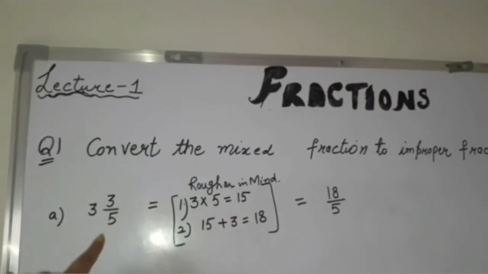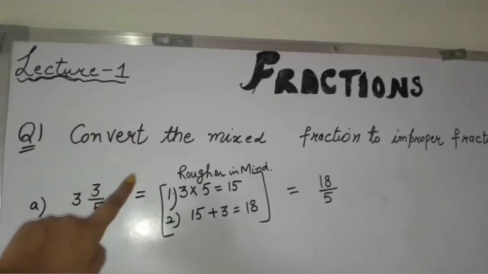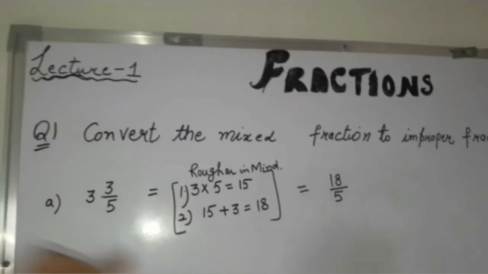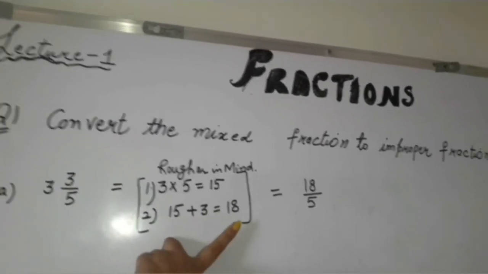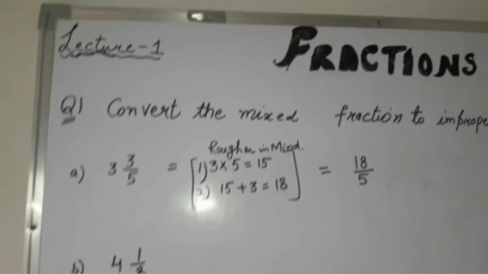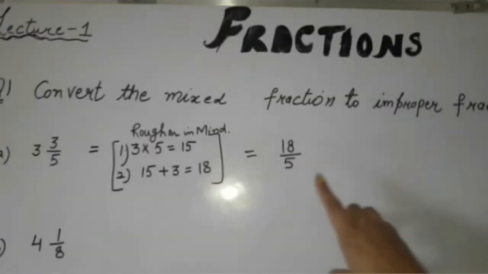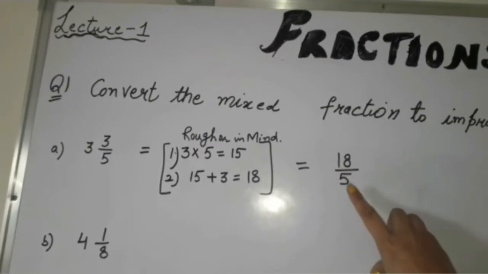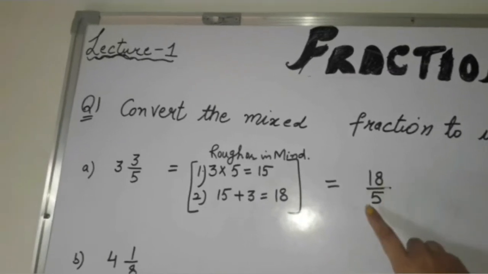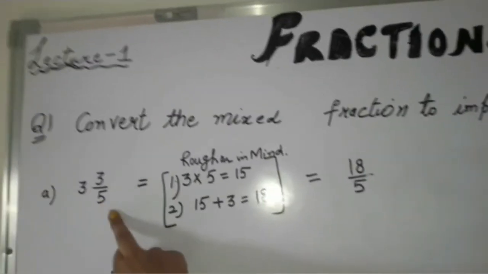And then I will add 3 to my multiplied answer, that is 15 plus 3 becomes 18. So for writing the improper fraction, I will write 18 upon 5. The denominator will remain the same as in the question.